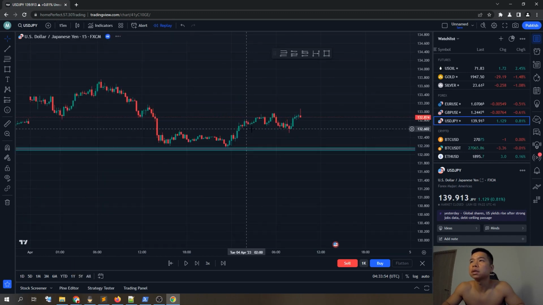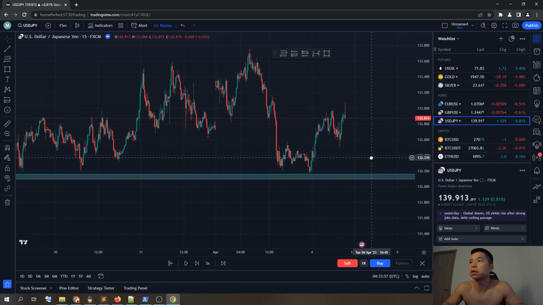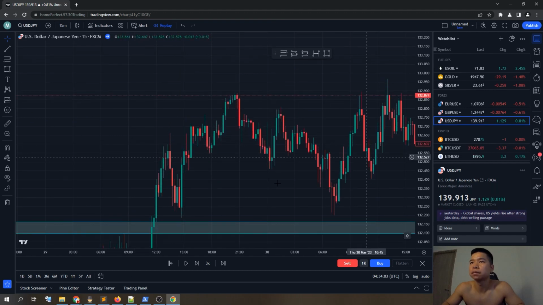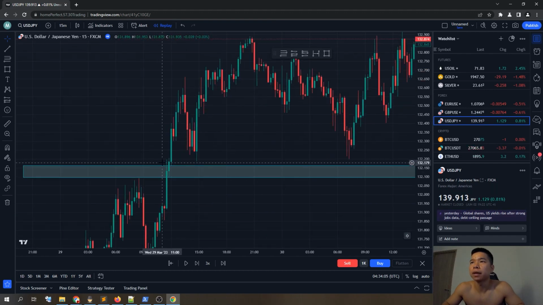So let's go into the 15-minute chart. The gap has been filled. A breakout of the gap, and let's see, it goes up, down, up, down, up, down.